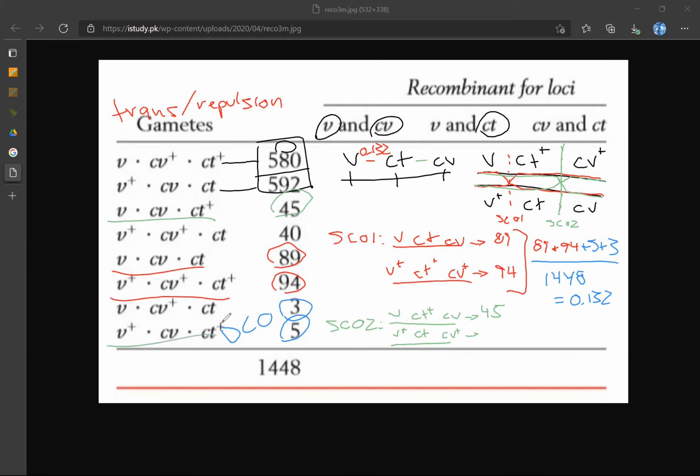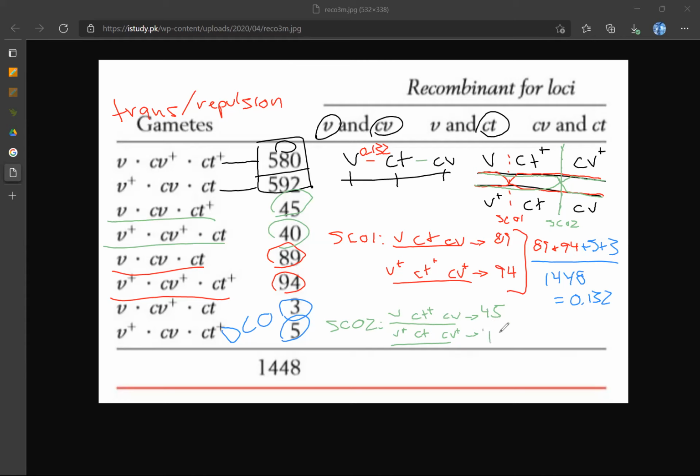Oh, it's also CT plus. Wait, no, did I write that right? It's probably this one. Oh yeah, I just had it in the wrong order. That's why it's helpful to rewrite. Or if you didn't rewrite, it would also be compatible.